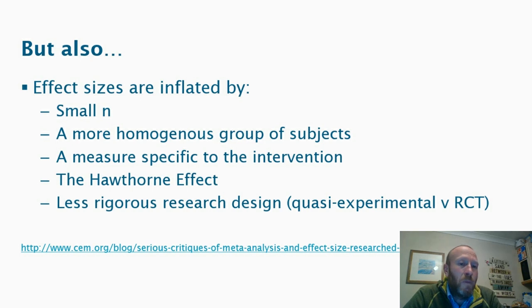The second one is a more homogeneous group of subjects. If the participants in the study are quite similar to each other, that tends to make the effect size bigger. If they're all grammar school kids, then the spread of achievement levels will be smaller than in a comprehensive, so you get a bigger effect size.